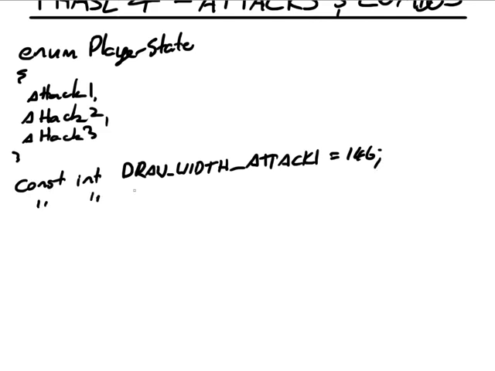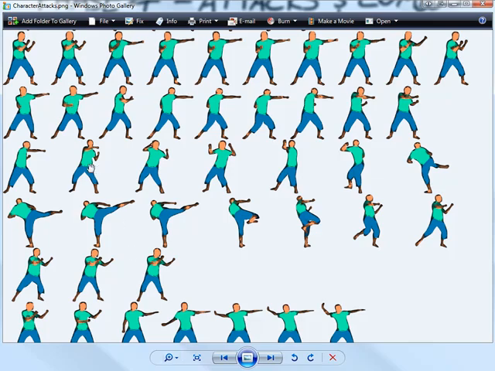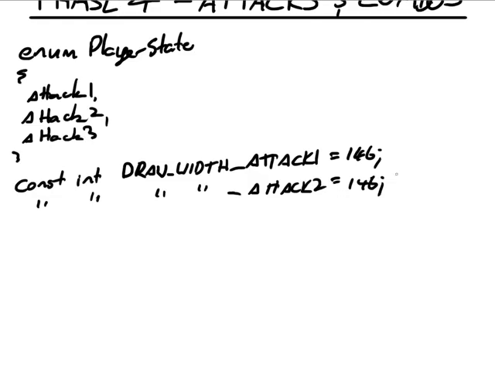Our const int draw width attack 2 is also equal to 146. Why have two of them? Well, in case you suddenly had to change the animation or the sprite sheet, say the punch had to change a little bit and it needed to have the extra bit of a pixel on one of the frames, well then you can just come in here and change it instead of having to set up a new attack and recoding everything else. You just change where you need it.